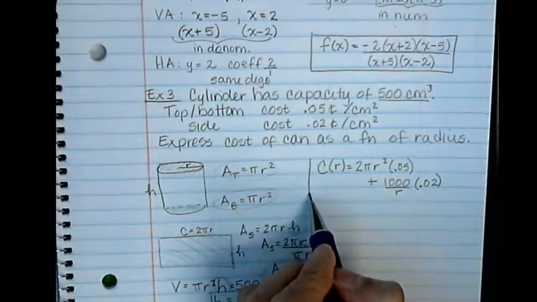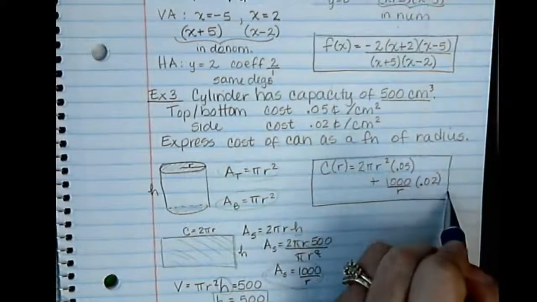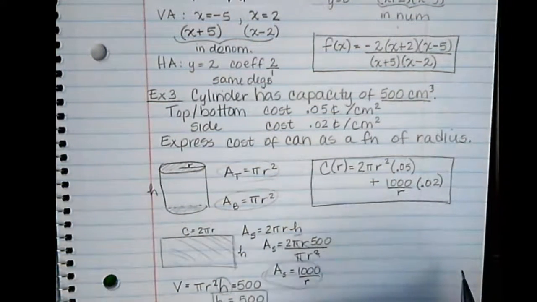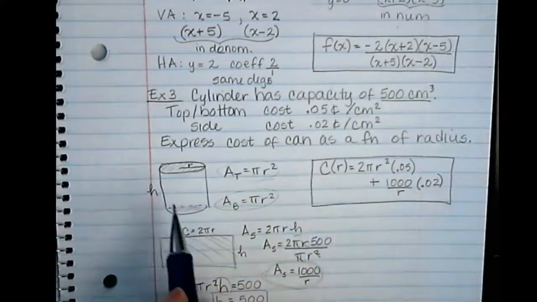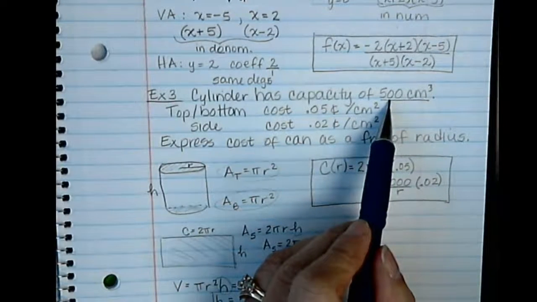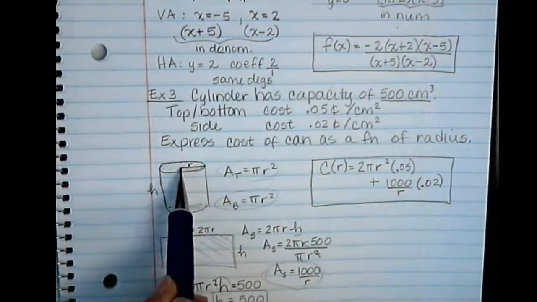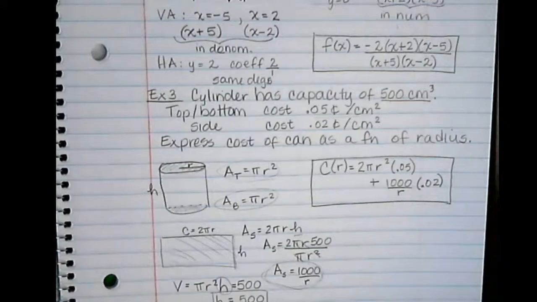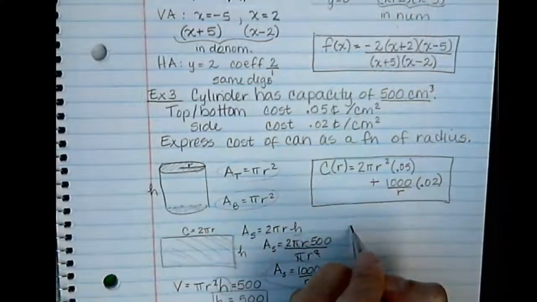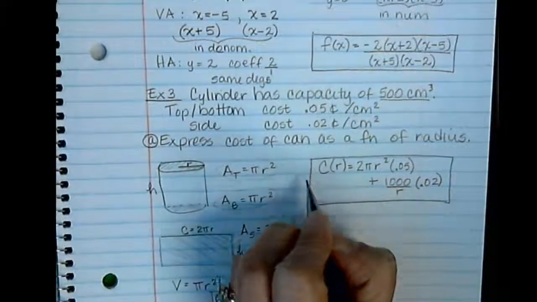So we have found our formula for that. We can find the cost of a cylinder can that would still have our 500 centimeters cubed volume, and then we can pick a value for r and see how much it costs to make that can. So this is part A.